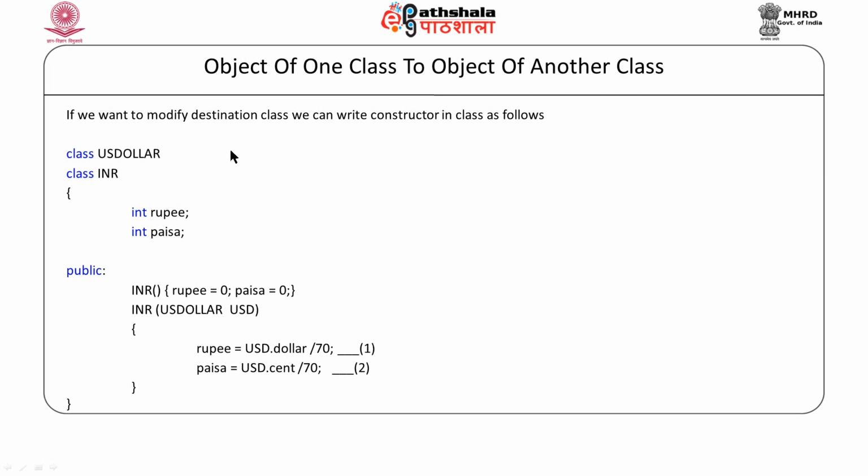If we want to modify the destination class, what is the destination class? As we have seen before, if I say my money is equal to your money, the destination class is the class of my money, that is INR. So, if we want to make modification in the destination class, what we need to do is write an appropriate constructor.